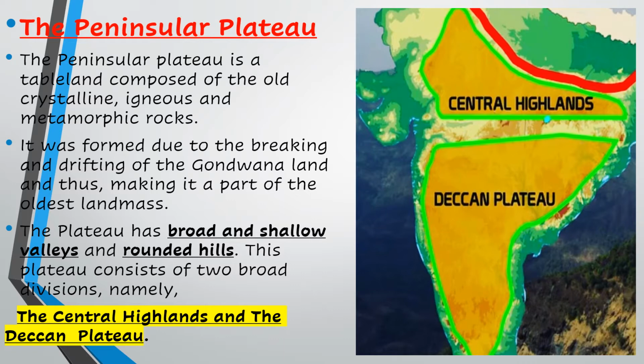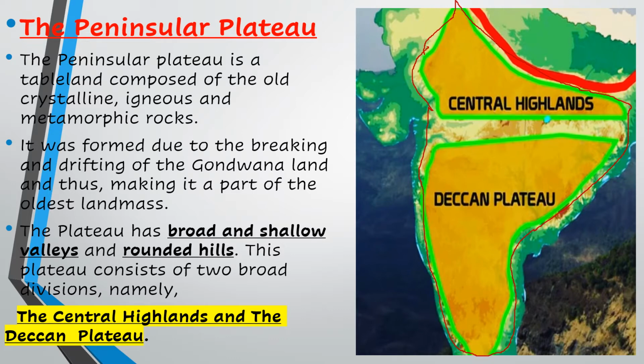So it is a combination of all 3 substances. It was formed due to the breaking and drifting. Breaking, I told you about the Gondwana land, right? That broke and it drifted, it came away. So this full region is Peninsular Plateau, children. Clear? You can see over here. This is the Peninsular Plateau, which you can see where I am marking. This full region is Peninsular Plateau.